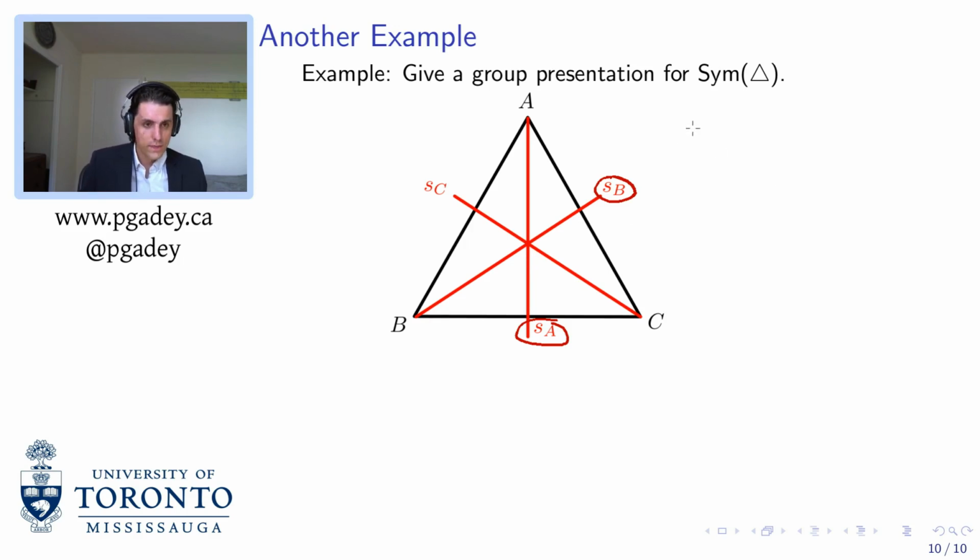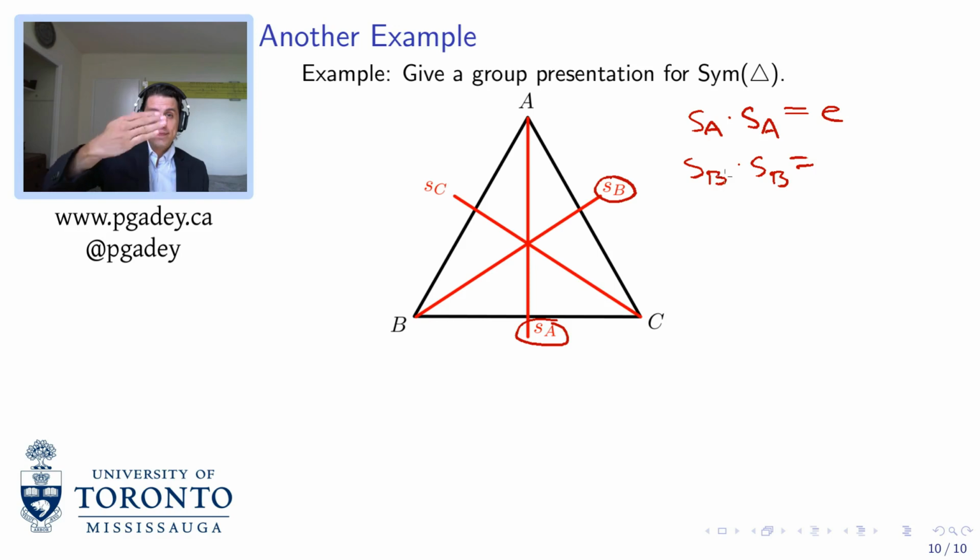We notice that SA times SA, well, that's flipping and then flipping back, so that has to be the identity. Similarly, SB times SB, now we're reflecting in the line through B, and we're reflecting back. So that'll also be the identity.